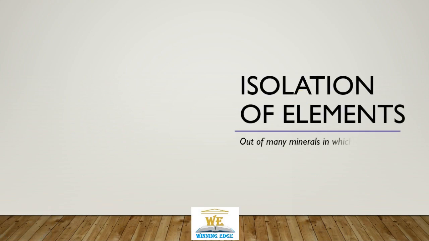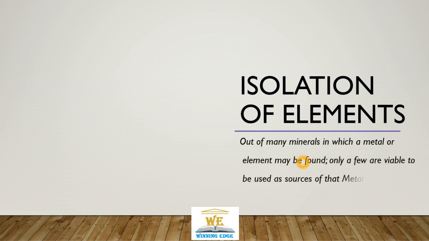First, isolation of element. Out of many minerals in which a metal or element may be found, only a few are viable to be used as a source of that metal. Such minerals are known as ores, or we can say ore is a mineral which is viable for purification.